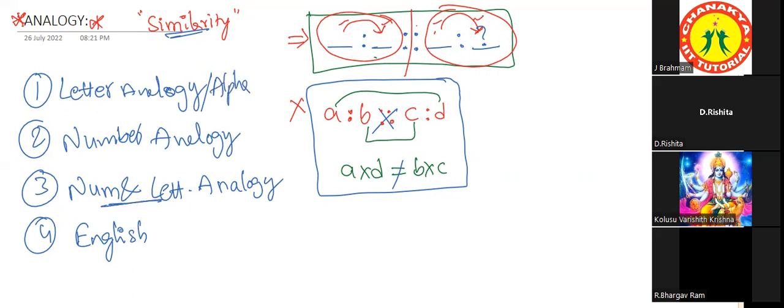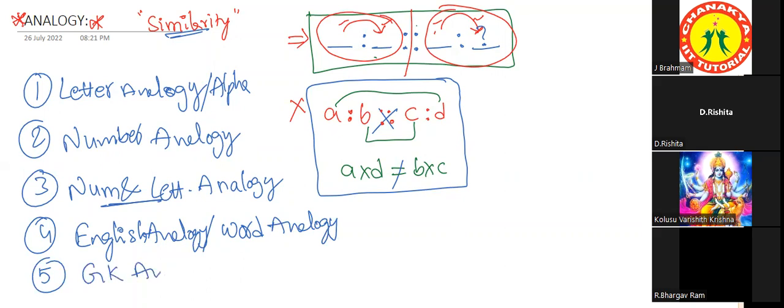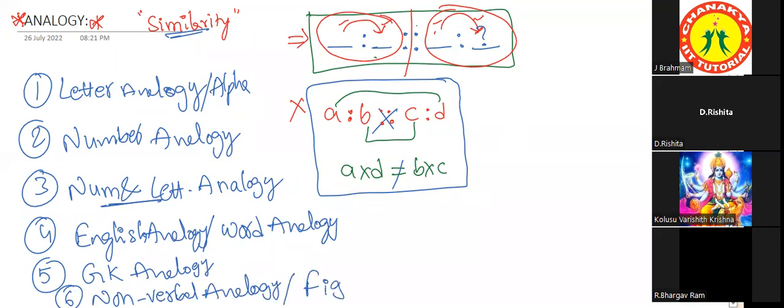And this one we can call alphanumeric analogy. Then English analogy or word analogy. And one more thing we can say is GK analogy. And one more is non-verbal analogy. Non-verbal analogy is also called figure analogy.